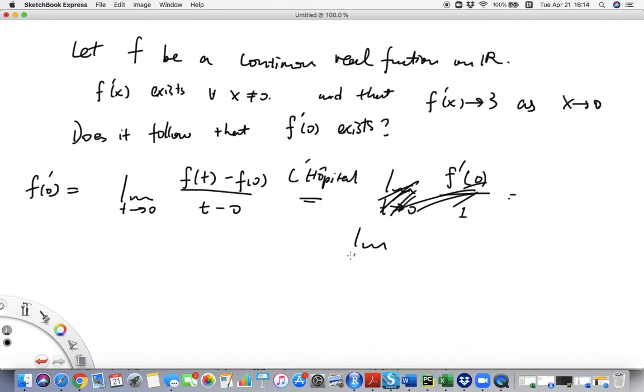So that's the limit as t goes to 0 of f prime of t over 1. Okay, now because of that, we know this is equal to 3. Okay, so f prime of 0 is equal to 3. The limit exists.